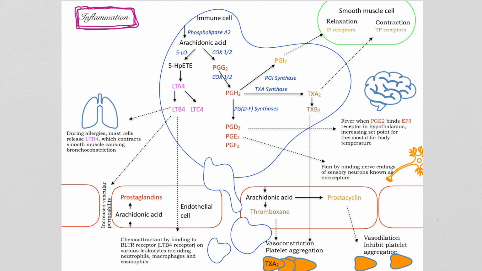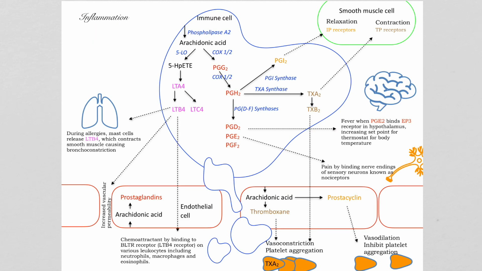This is how the body responds either to some sort of injury or to the presence of foreign substances such as microbes. Inflammation is a very complex and extremely important process that happens in the body, really to protect us. But in the process of protecting us, it might also hurt us.